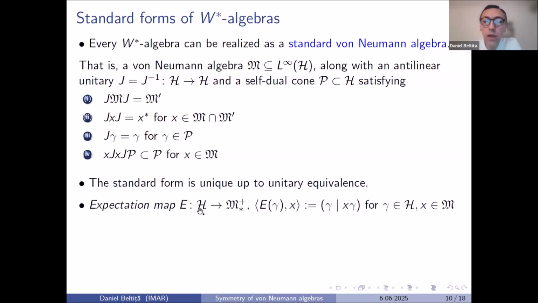Namely, we have a natural map from the Hilbert space to the predual of the algebra, given by these kind of rank 1 operators. So for every vector gamma in the Hilbert space, we form the corresponding projection. Of course, if this is not norm 1, it is not a projection, but it is essentially a rank 1 projection.